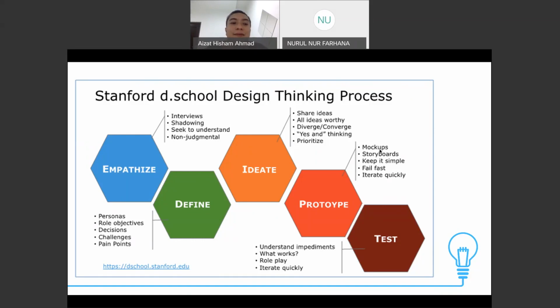So again, remember the empathize phase, the define phase, the ideate phase, the prototype phase, and of course the test phase. The 5 phases, and all of these items here, are indicated more in depth.